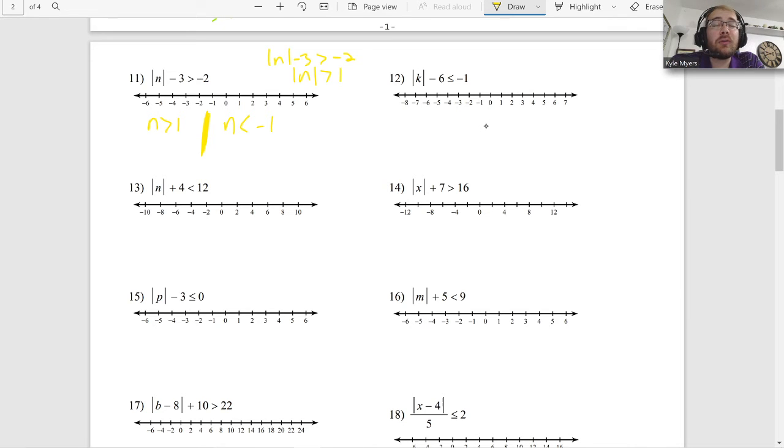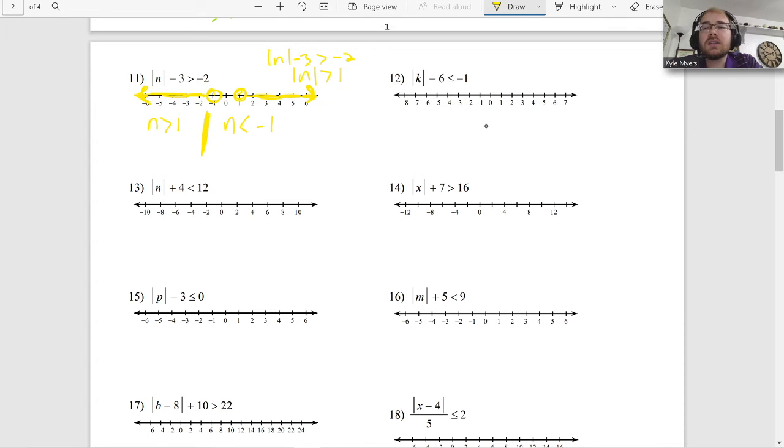So I solve for the variable up until the only thing left on the left or right-hand side is the absolute value marks. Then I split it into two things, and then I keep going if I need to. Here I don't need to because once I split it, it was already solved. So we're good. But yeah, at this point, n is greater than 1. Okay. So open circle, greater than 1, and less than -1.